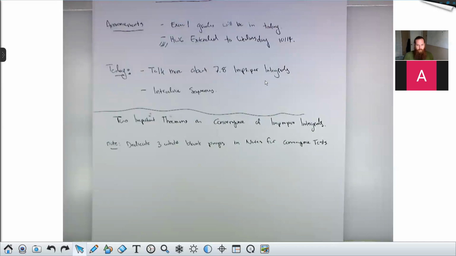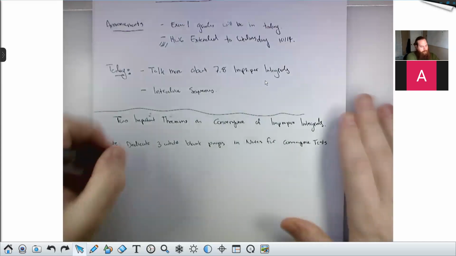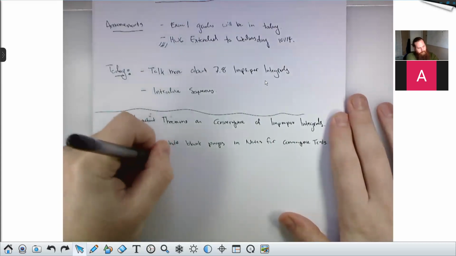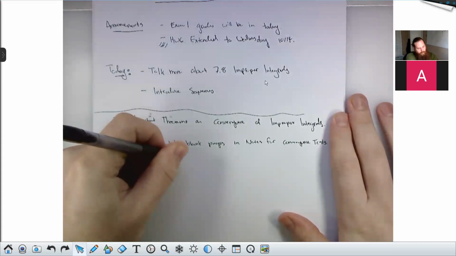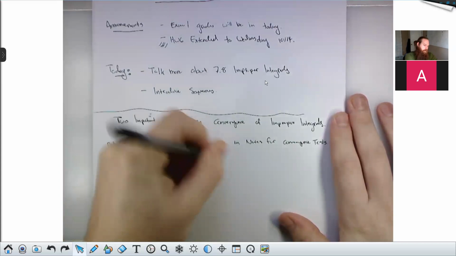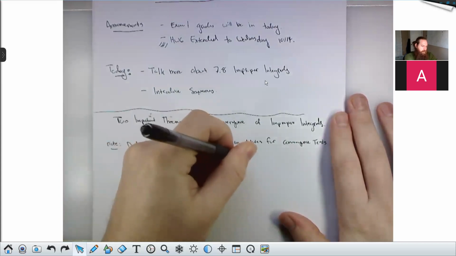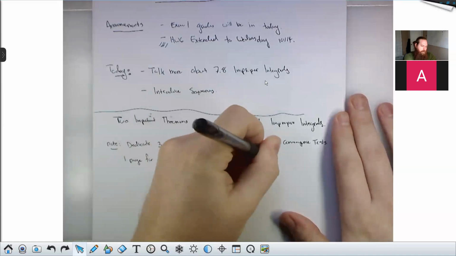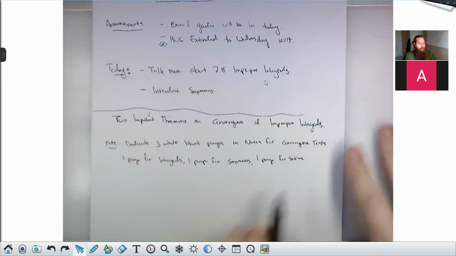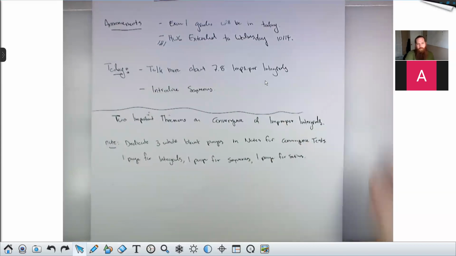Right now, in your notebook where you're taking notes, flip to the back and mark off 3 pages for convergence tests. 1 page for improper integrals, 1 page for sequences, and 1 page for series. You may even want 2 pages or 1.5 pages for series because we have quite a few tests there.